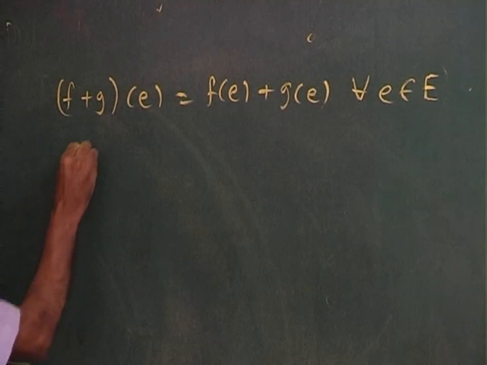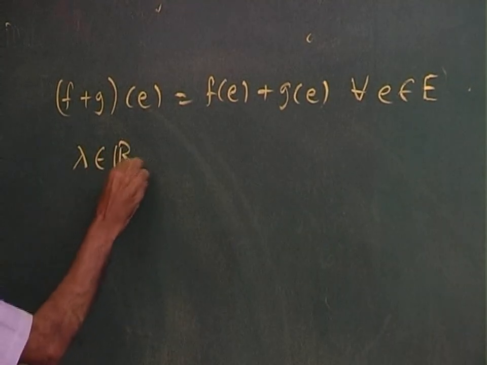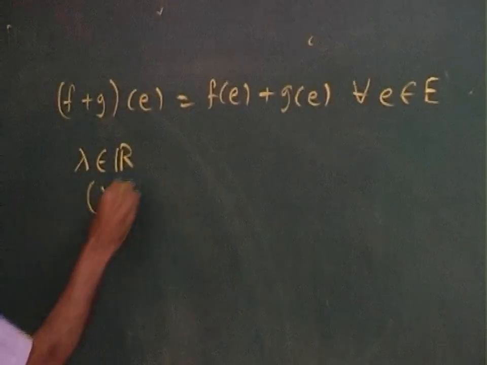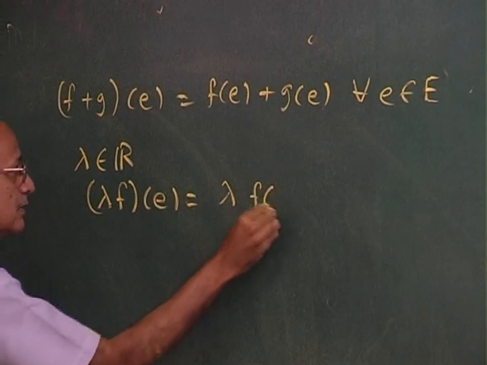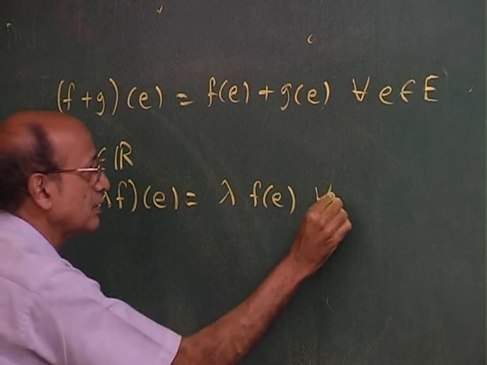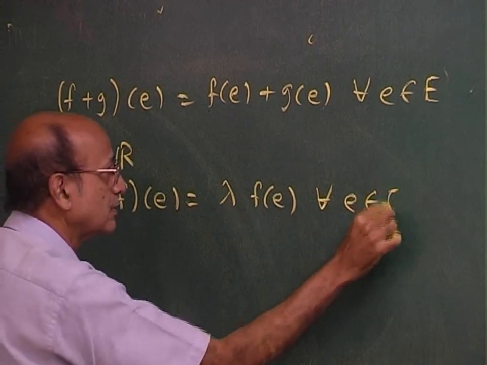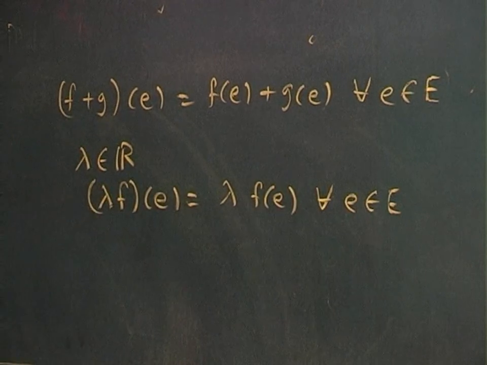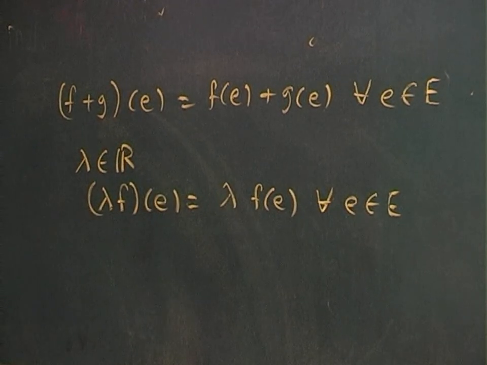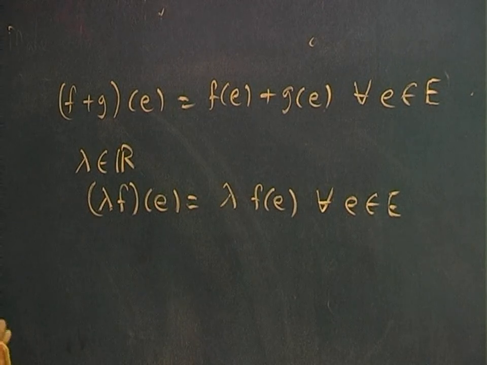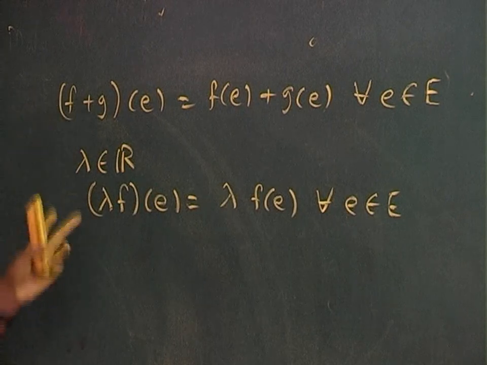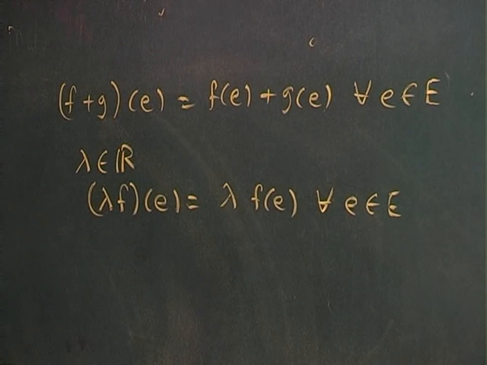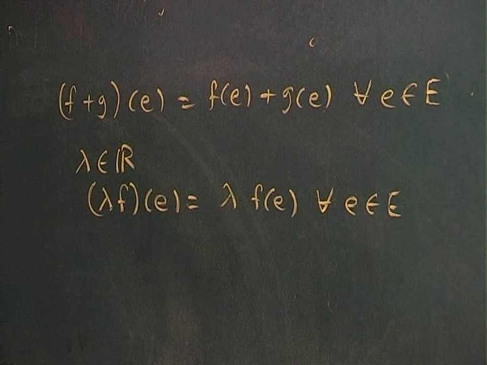If lambda is a scalar, what that means is the set of all circulations is a vector space. It is a vector space. These two things tell us that the set of all circulations is a vector space.